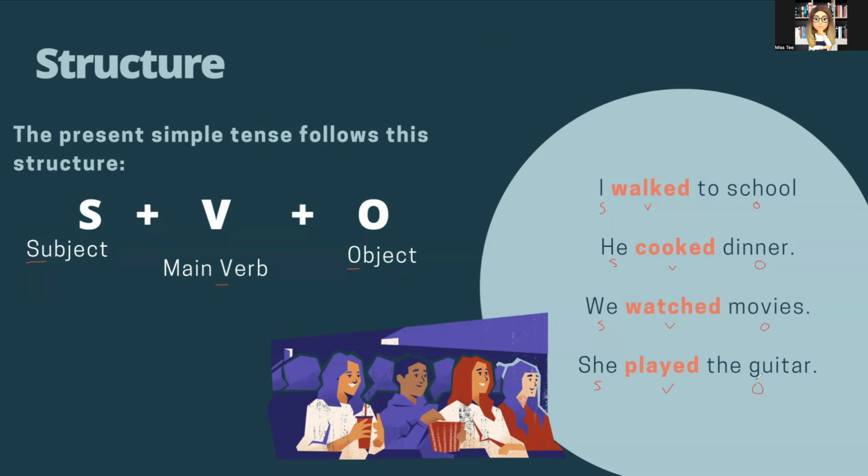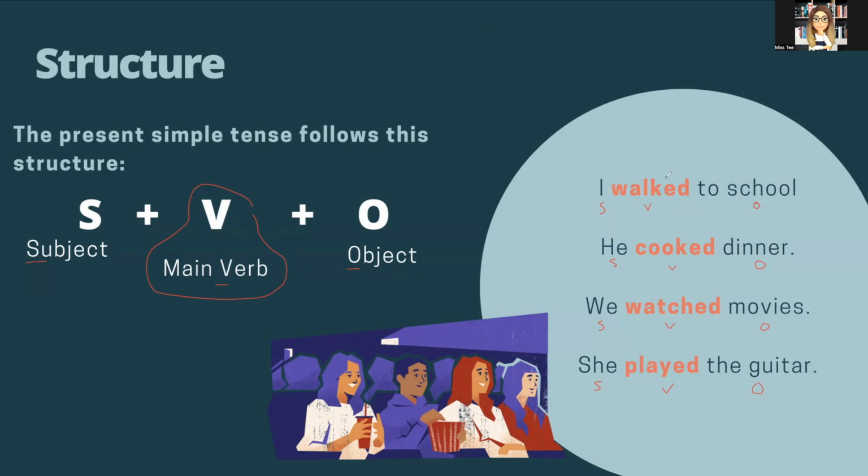So this is the structure. Now we can see the structure is actually the same as the simple present tense, but the biggest difference is in the main verb. So the verb is what tends to change when we're talking about tense, which tells us about time. We know that we're talking about the past, so our verb has always changed.